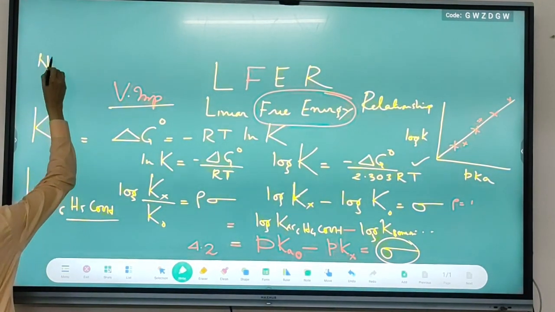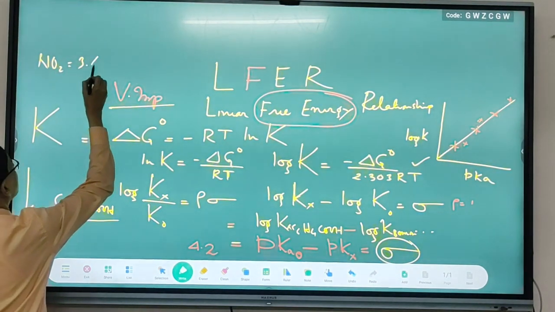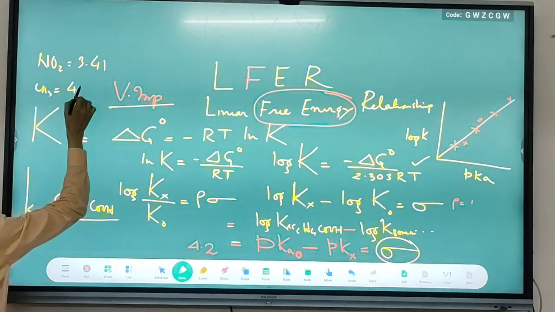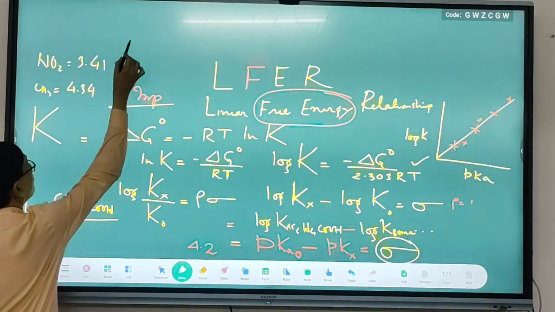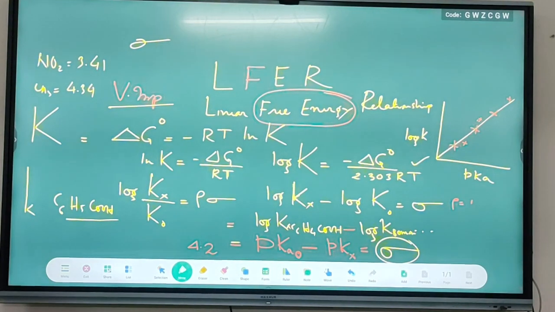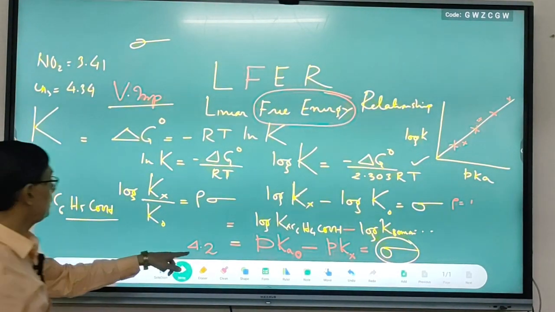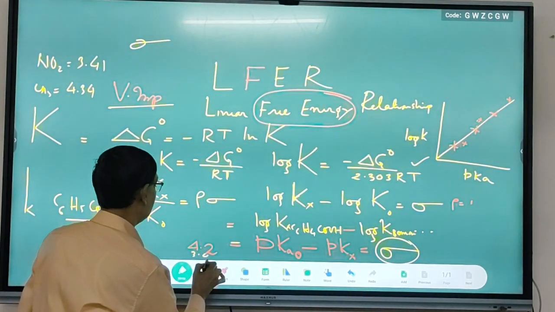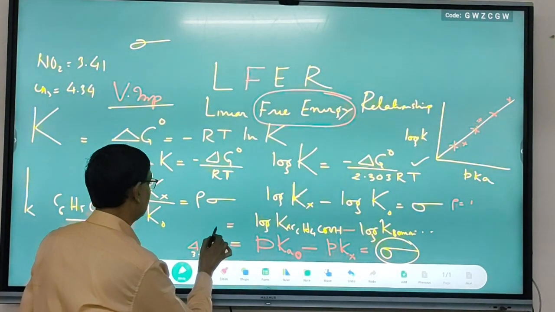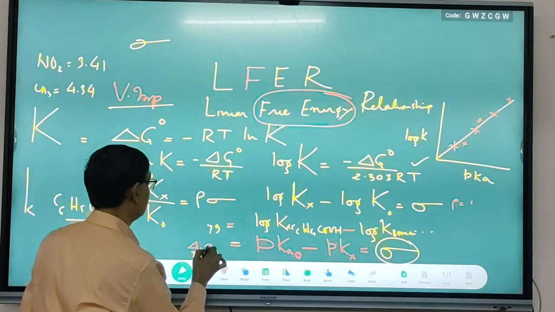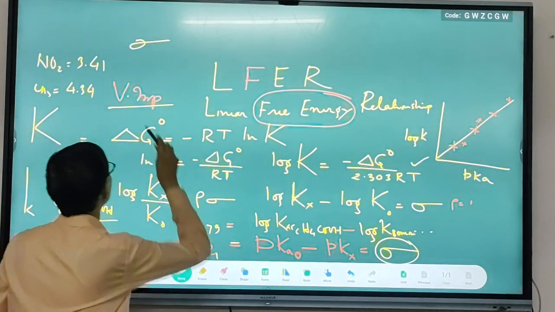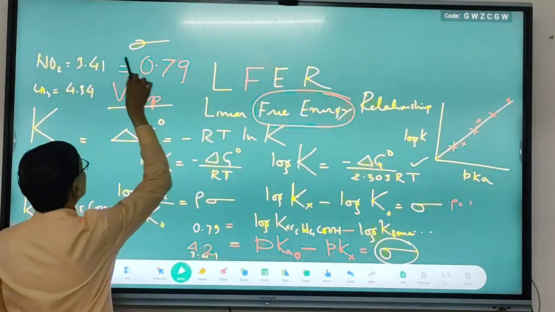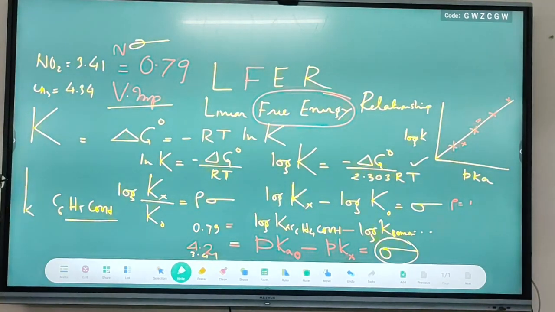Nitro 3.41 and methyl 4.34. I just want to calculate the substituent constant. So 4.2 minus 3.41 is approximately 0.79. Follow my point or not?